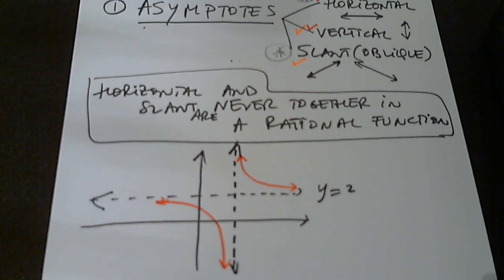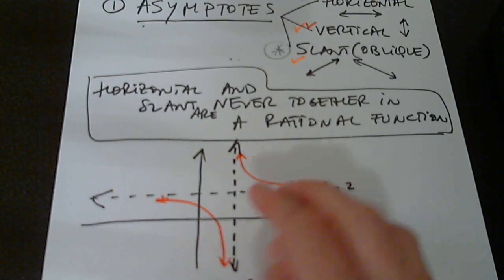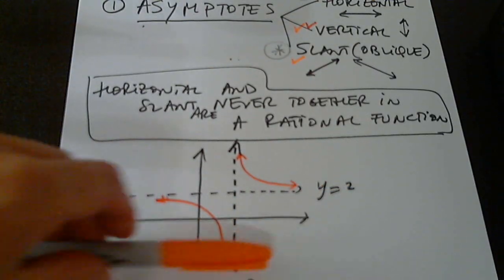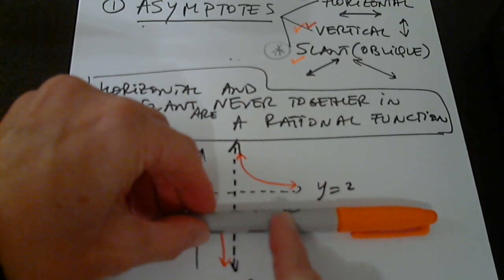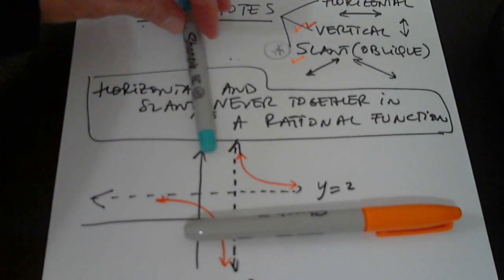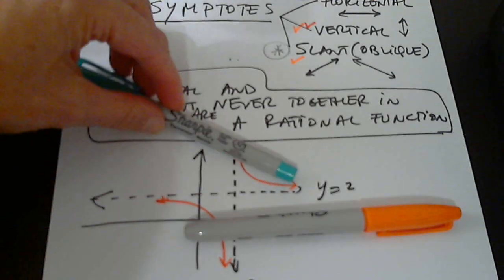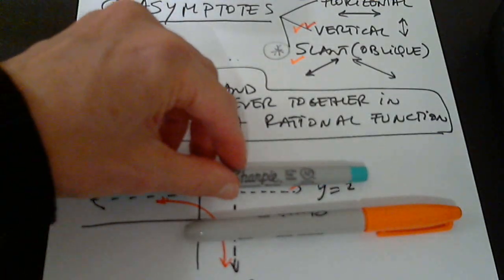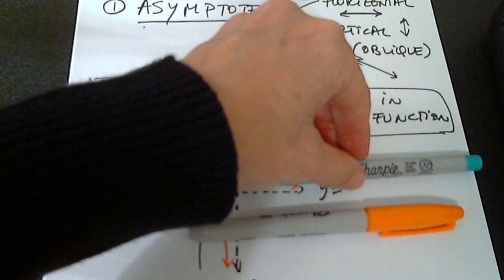So what does this mean again? It means that as x increases without bound towards positive infinity, here's what the function is doing. Getting closer and closer to 2.